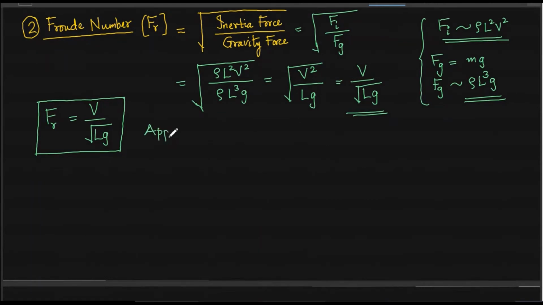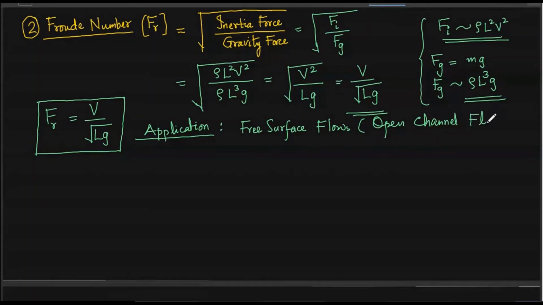So the application field: which are the types of fluid flow problems where this number is made use of? Gravity force is predominant in open channel flows. So whenever you consider free surface flows, flow through a canal, flow in rivers, etc., so free surface flows, or rather you can call them open channel flows.